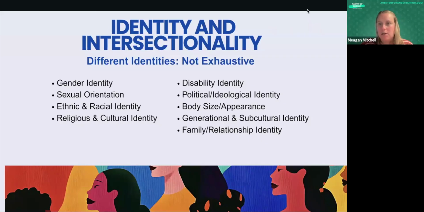Body size, political, right? Political came up very much more so last year for me in my work. And I work with kids, teens, and young adults, and it was coming up. Disability is one that often people don't think about. Oftentimes if people have a visible disability, it comes up, but there are many hidden disabilities that people don't conceptualize. Generational, subcultures.